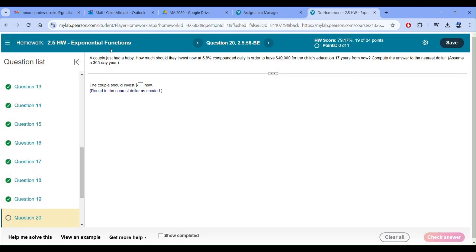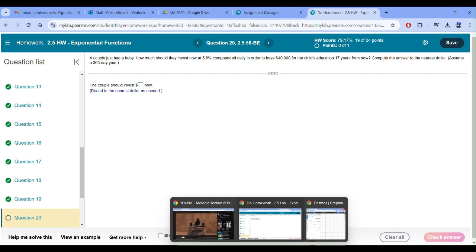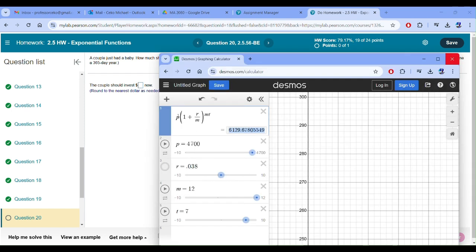Oh, okay. So a couple just had a baby. How much should they invest now at 5% compounded daily in order to have 40,000 in the child's education account? If I look at Desmos, I can make this equal to y equals.